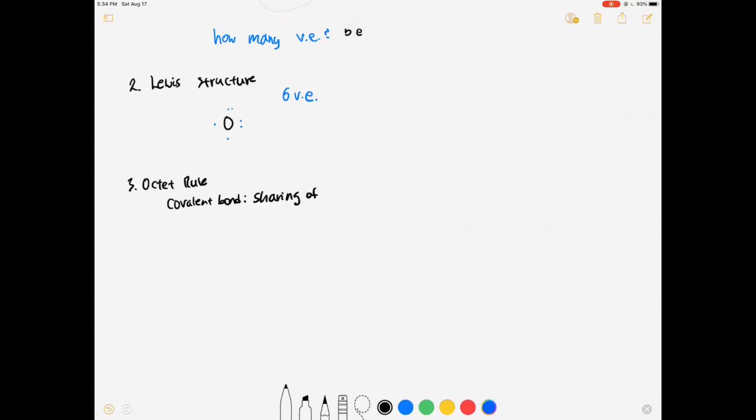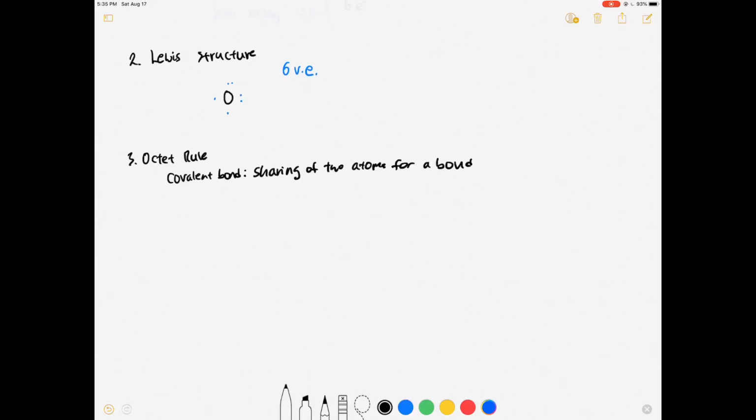A covalent bond is represented by a line between 2 atoms. Each line between atoms corresponds to 2 electrons. The octet rule states that atoms in the second row of the periodic table, like carbon, oxygen, and nitrogen, cannot have more than 8 valence electrons.